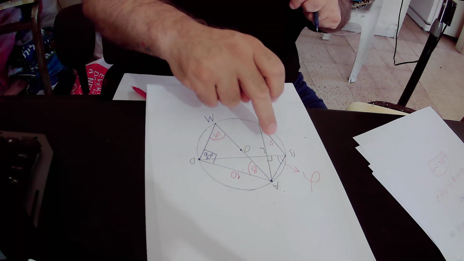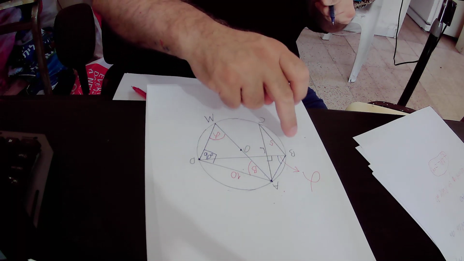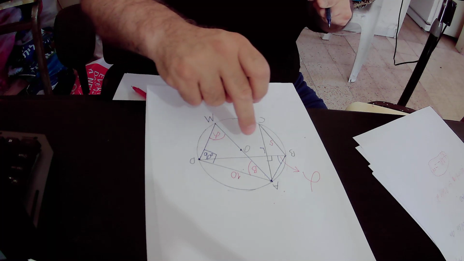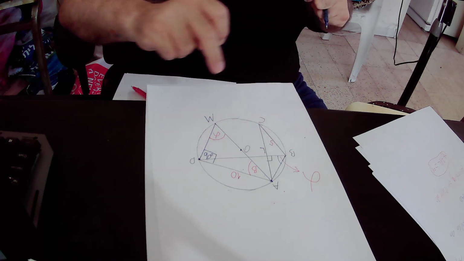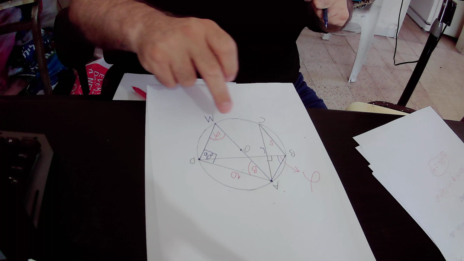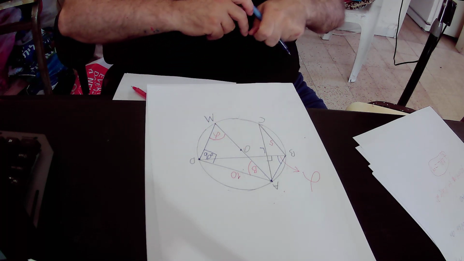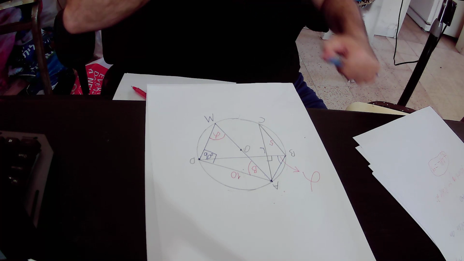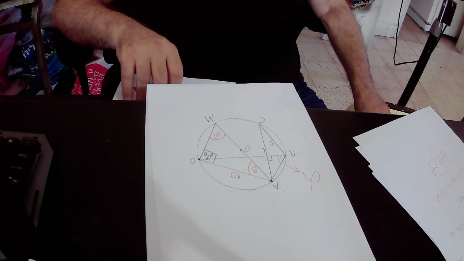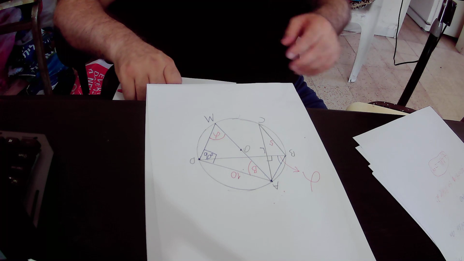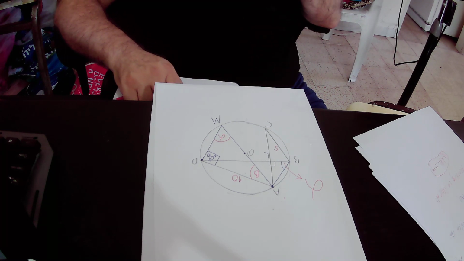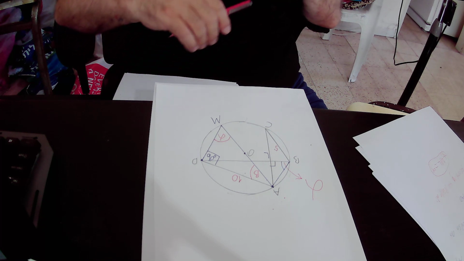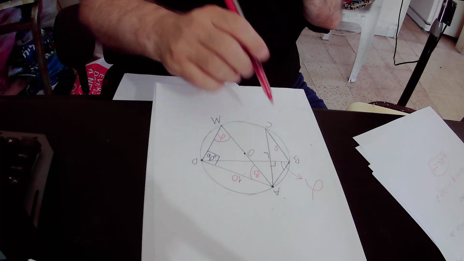So according to rule number 2, they are equal because they both rest on the same chord AD. Okay, so now we will focus on the right triangle ABL.